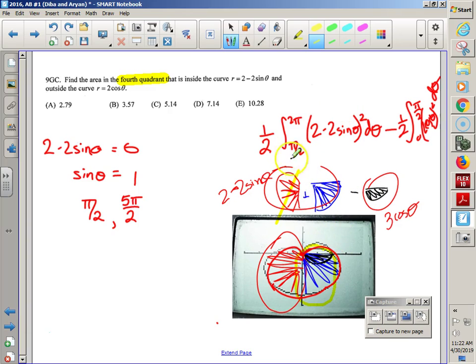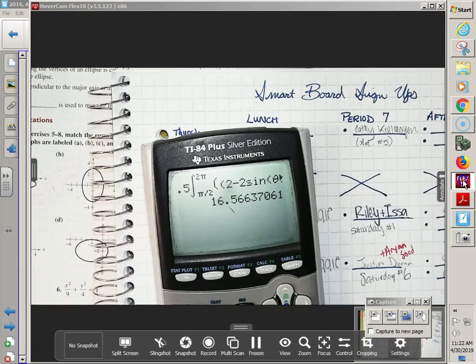So what do I change? I don't want to go from pi over 2. Hold on. It was 0 to pi over 2 to... No, 5 pi over 2 would get me all the way back. Here's 2 pi. Here's 0 to pi over 2. Where do I need to end? 3 pi over 2? If you want to, you can always double check it too, right?